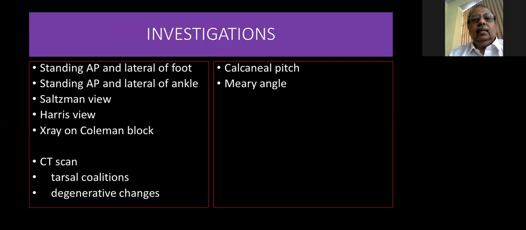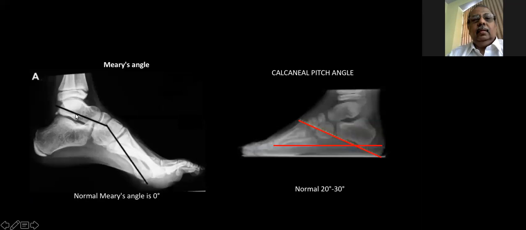There are several radiological views. I will not go into the details regarding that. You always ask for a standing AP and lateral view and a Harris view to find out the heel varus. Then you can do the CT scan. You should know regarding these things. One is Meary's angle, which is the talar first metatarsal angle.